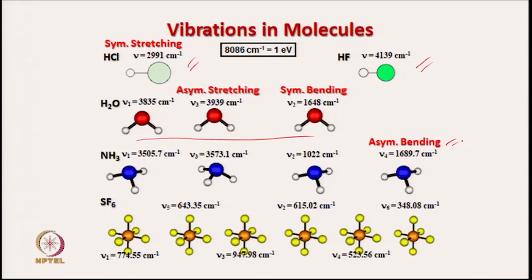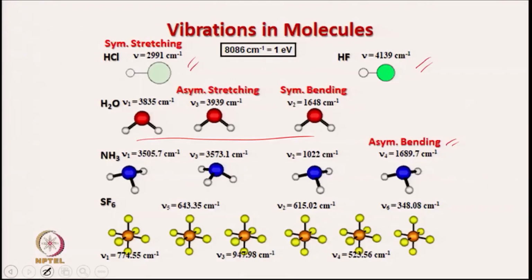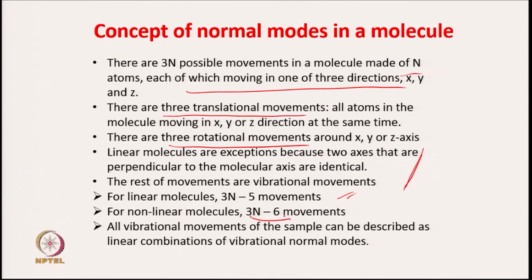The simple rule is, for a polyatomic molecule which is not linear, you have 3n minus 6 normal modes of vibration. For a linear molecule you have 3n minus 5 modes of vibration.